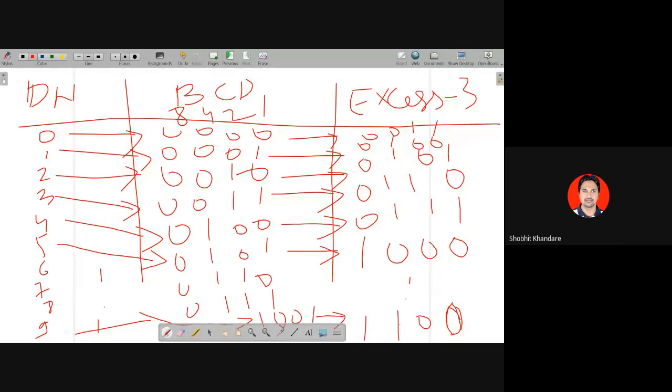Okay, my next question is, whatever excess 3 you get, does it follow the BCD code or does it follow the binary code? Tell me.